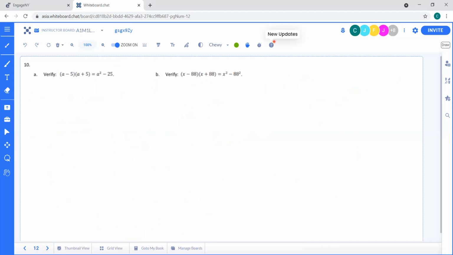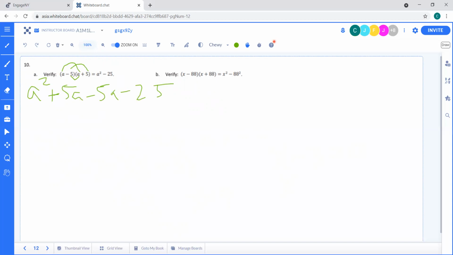Oh, here we go. Here is what we call the difference of two squares that equals conjugates. Or in other words, if I FOIL this, first is a squared. Outer is going to be a positive 5a. The inner is a negative 5a. And the last is negative 25.